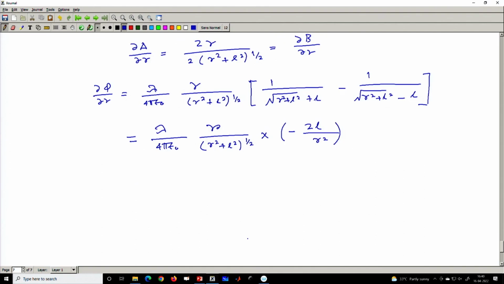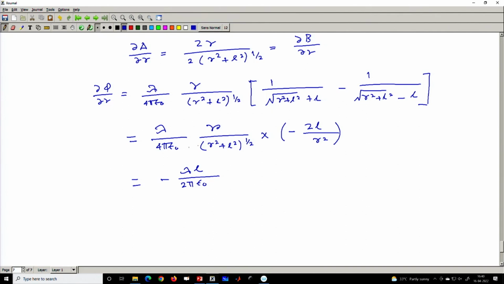Okay. So, eventually this term is minus of lambda L, and then 2 pi epsilon 0.